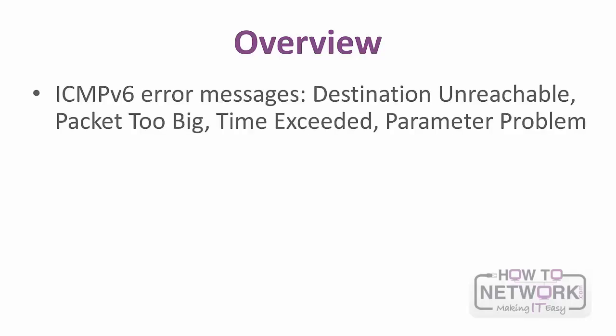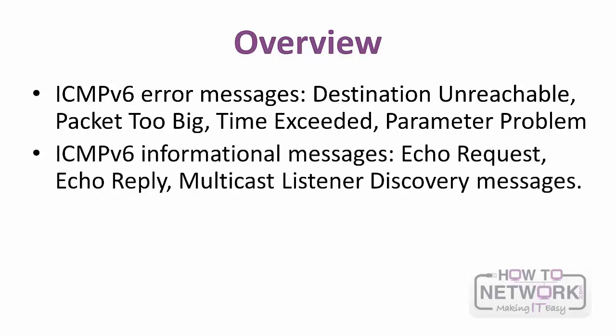This lesson examines ICMPv6, which is a much more robust protocol than ICMPv4. ICMPv6 error messages are discussed, including destination unreachable, packet too big, time exceeded, and parameter problem. ICMPv6 informational messages, echo request and echo reply, are covered along with multicast listener discovery messages.